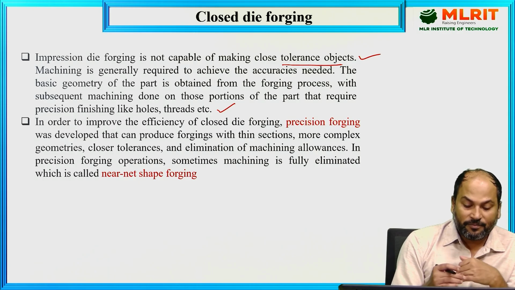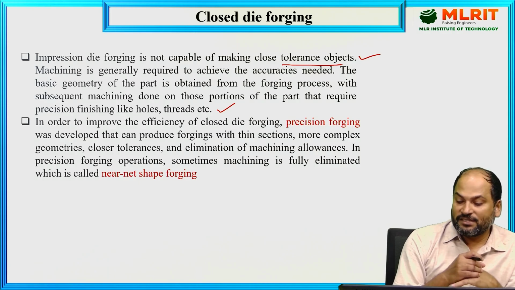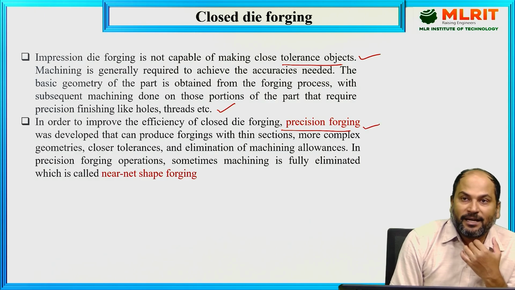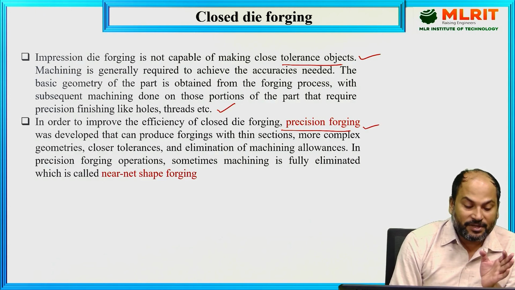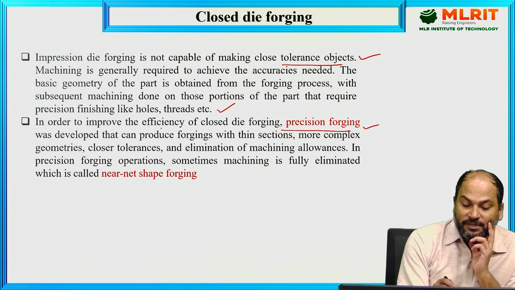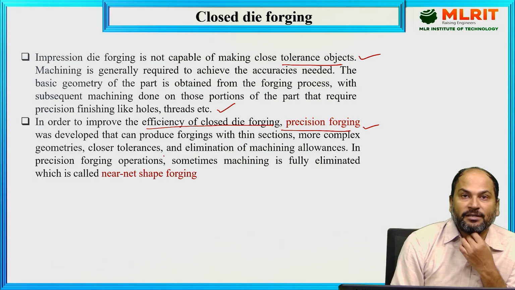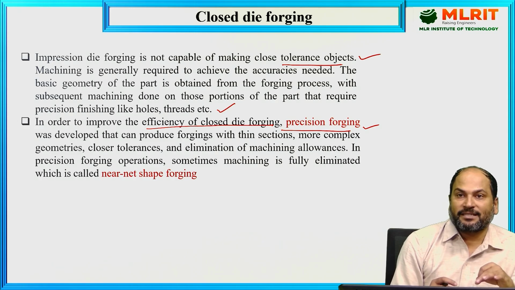But if precision forging is there, nowadays precision forging is available, in that you don't need a secondary operation. So in order to improve the efficiency of closed die forging, precision forging was developed that can produce forgings with thin sections, meaning more complex geometries, close tolerances, and elimination of machining allowances.